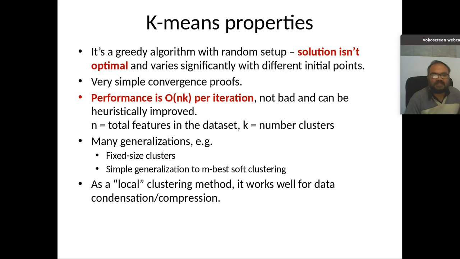The performance is of order nk per iteration, which is not bad and can even be improved heuristically. Here n is the total number of samples in the dataset and k is the number of clusters. There are many generalizations available for k-means clustering. For example, fixed size clusters, or simple generalization to m-best soft clustering. K-means as a local clustering method works well for data condensation and compression.